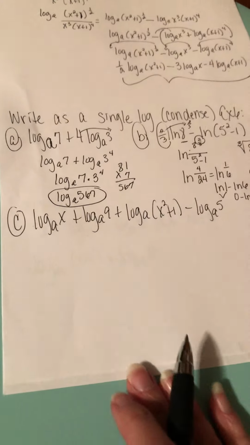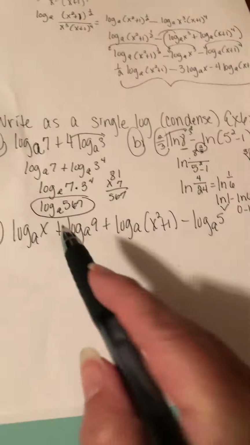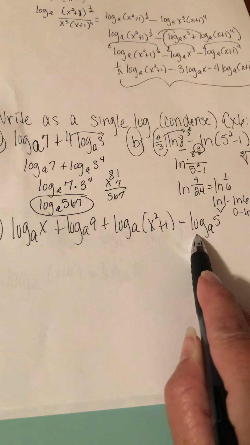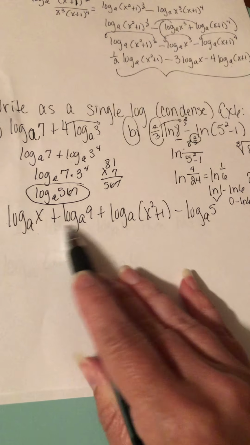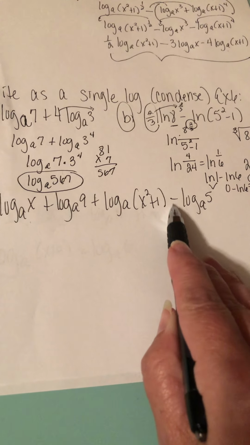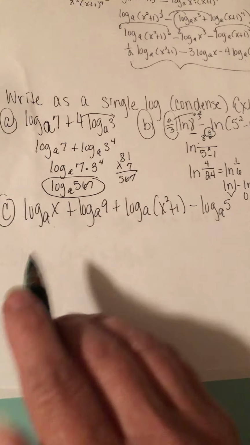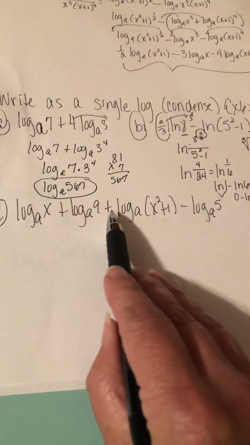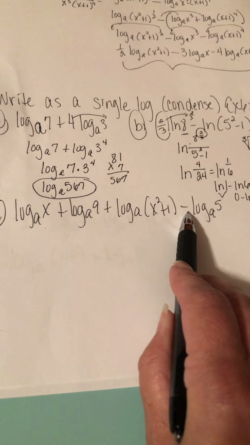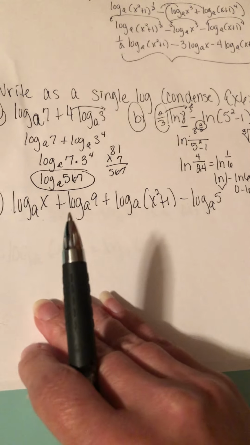All right, kiddos, now look at C. Wow, what a problem. We've got log base A all the way through. We got plus, plus, we know that's times, isn't it? And we have minus, which we know is divide. So let's go ahead and look and see if we have any big numbers in the front. We have no big numbers in the front, so no exponents that we need to fix.